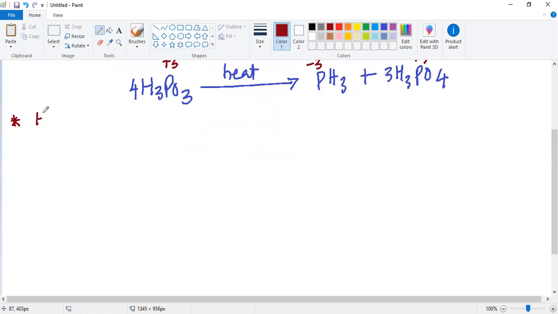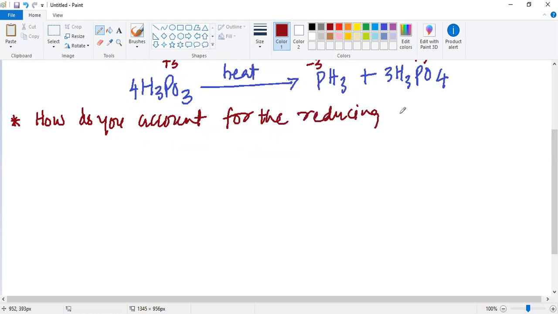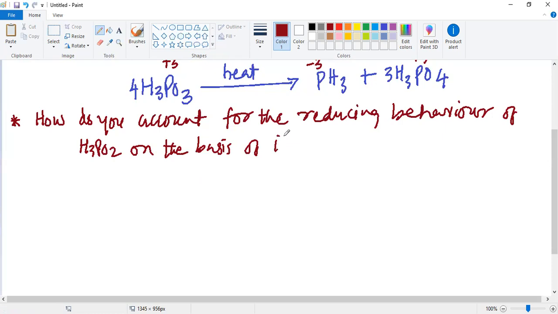This is the question, that how do you account for the reducing behavior of H3PO2 on the basis of its structure.